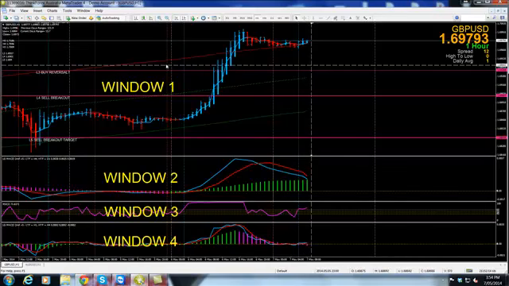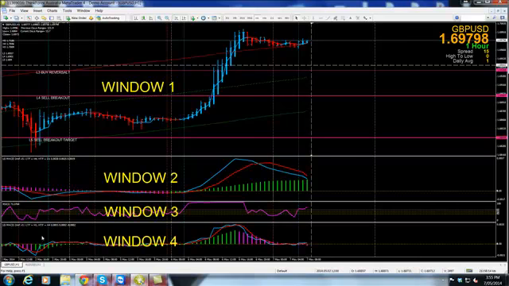Window 1 is where the candle bars are. Window 2 is just below it, and it has the LG MACD. Window 3 is just below that, and it has the RSI, as you can see to the side, left hand side near the margin, RSI.